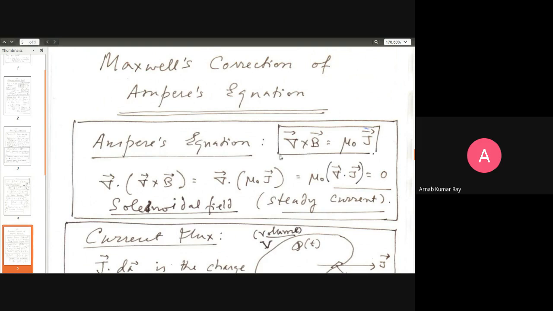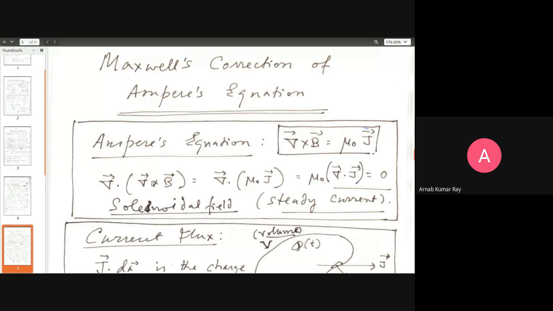Anyway, let us now look at Ampere's equation. Here it is, in differential form, of course: curl of B is equal to mu naught J. A very basic mathematical identity of vector calculus tells you that the divergence of the curl of a vector field is equal to 0. Divergence of the curl of B is equal to 0.